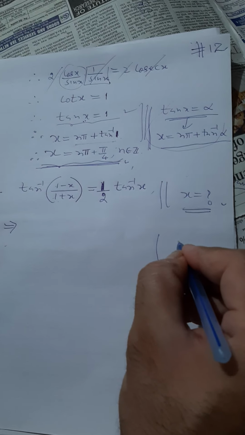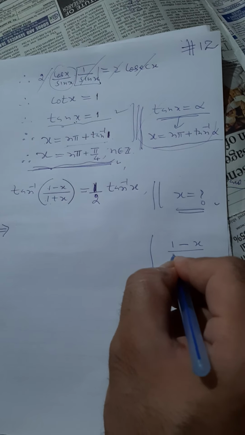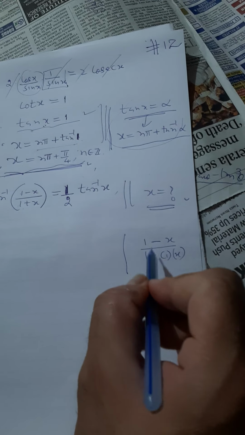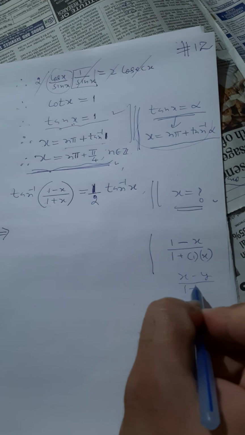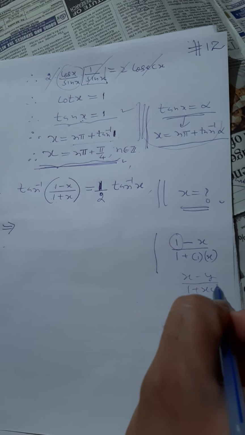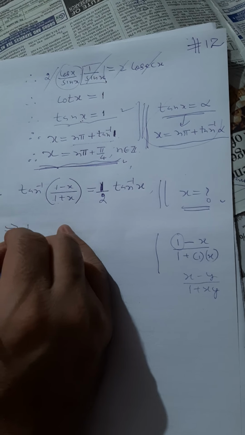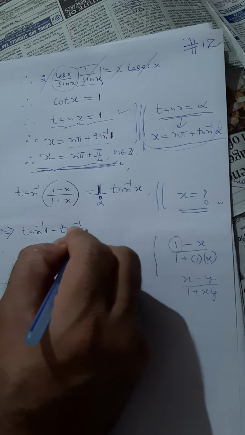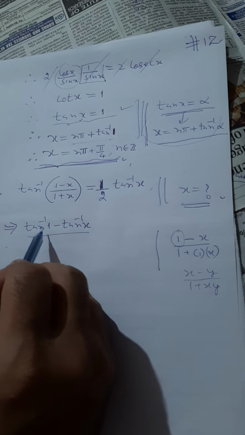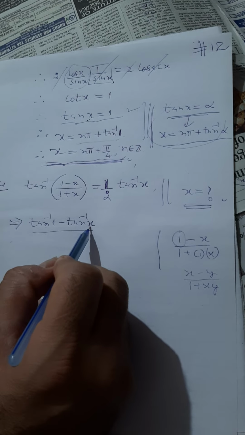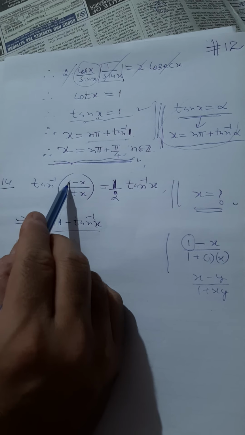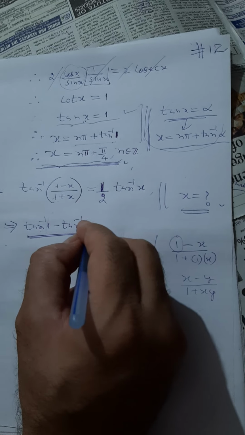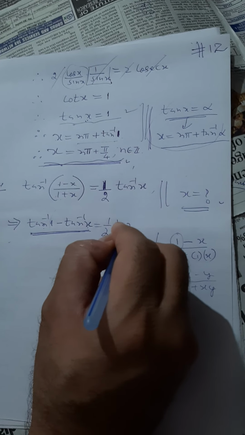It's like this, 1 minus x upon 1 plus 1 into x. So here x is 1 and y is x. So you can write this as tan inverse 1 minus tan inverse x. You do the reverse, you'll get exactly this. Tan inverse x minus tan inverse y is tan inverse of x minus y upon 1 plus xy. I hope this is clear to you. Equals 1 by 2 tan inverse x.